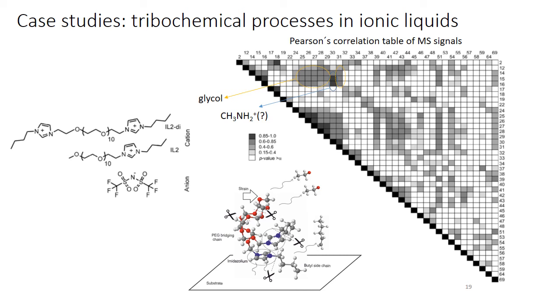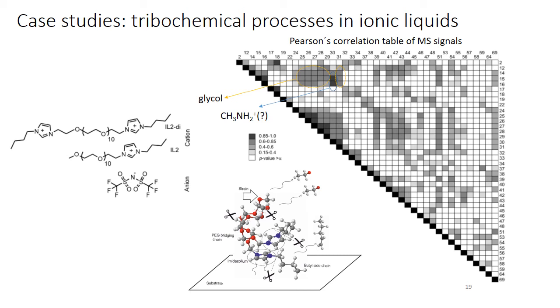From careful analysis of this data, you can find some compounds which cannot be supposed only from the chemistry of the ionic liquids. For example, the two strong correlation signals between the mass 30 and 15 and 16 can indicate probably that there is some methylamine emission.